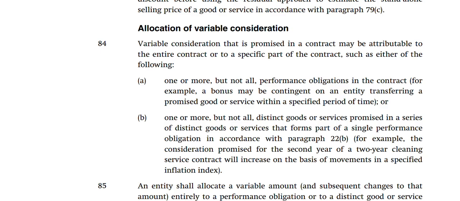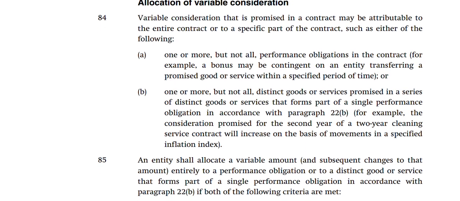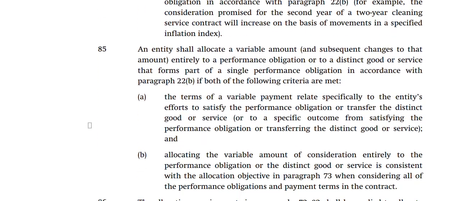And then when you're looking at 85, it says an entity shall allocate a variable amount and subsequent changes to that amount entirely to a performance obligation or distinct goods or services that form part of a single performance obligation according to paragraph 22b if both of the following criteria are met.